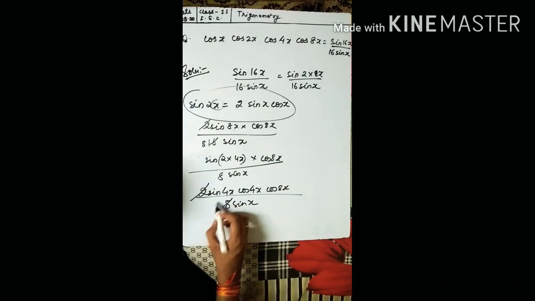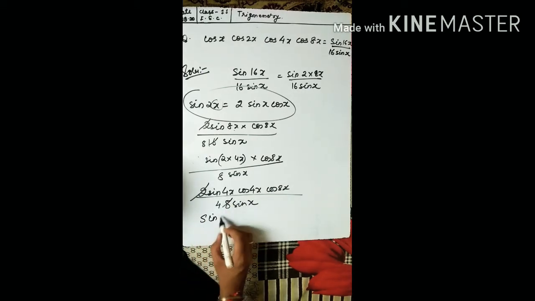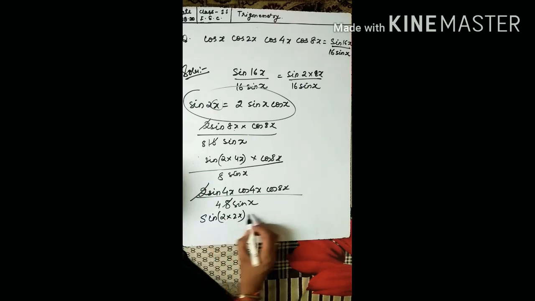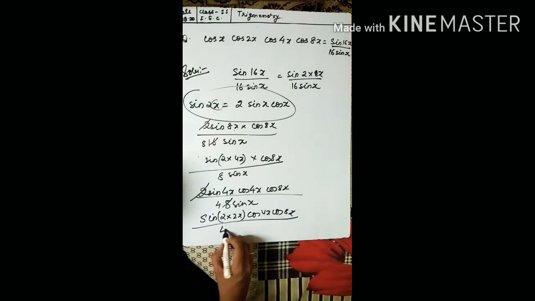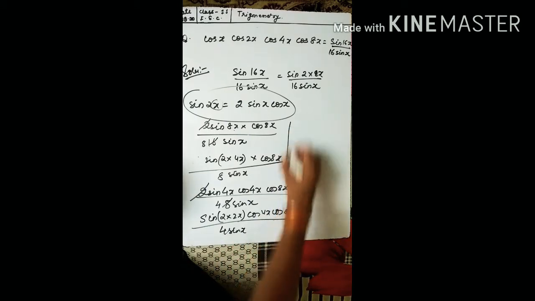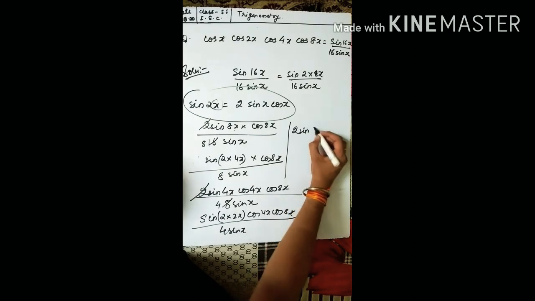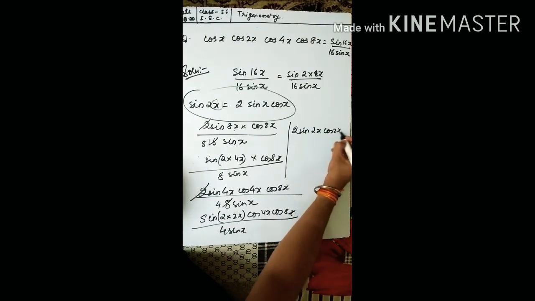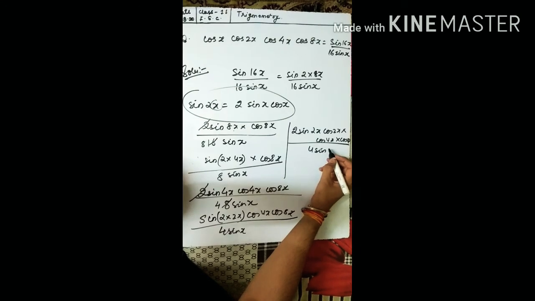Again you can cancel this with 4. Now this 4x, again you write as 2 into 2x. So you can write this sin 2x as 2 sin theta cos theta into cos 4x, and cos 8x upon 4 sin x.